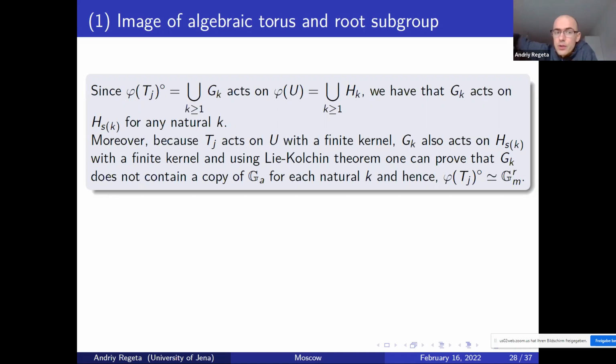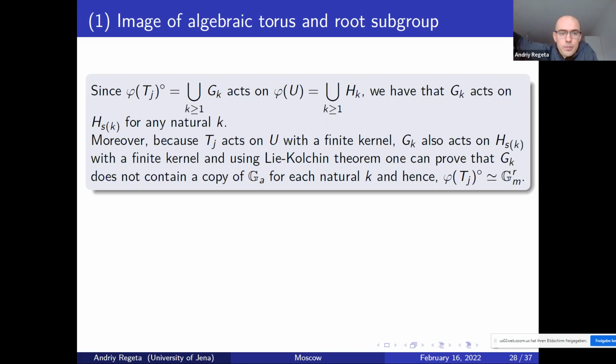Moreover, because T_yacht acts on U with the finite kernel, G_k also acts on H_{s_k} with the finite kernel. And using Lie-Kolchin's theorem, one can prove that G_k does not contain a copy of G_a. Well, actually, if it would, then this G_a would have a fixed point by Lie-Kolchin's theorem.